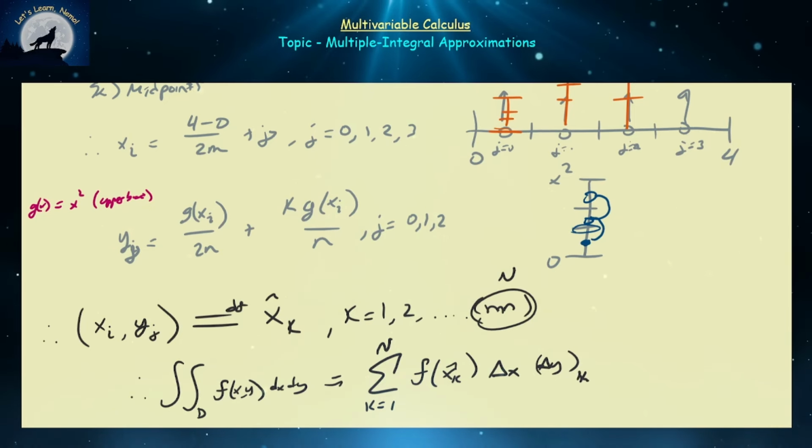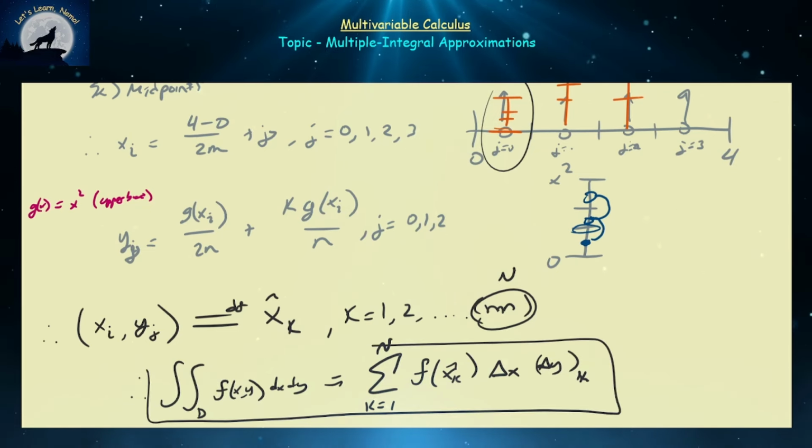So notice that this k depends on both i and j. For example, if we're doing the first things first, delta y 1, 2, and 3 are going to be the same, and then 4, 5, and 6 are going to be the same, 7, 8, 9 are going to be the same, and 10, 11, 12 are going to be the same. But that gives you one way of approximating that double integral.